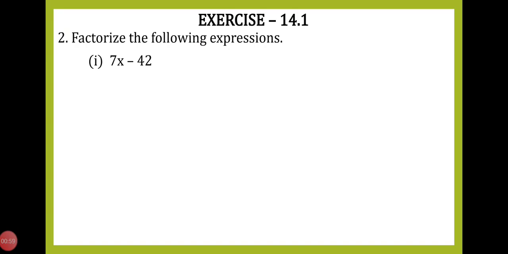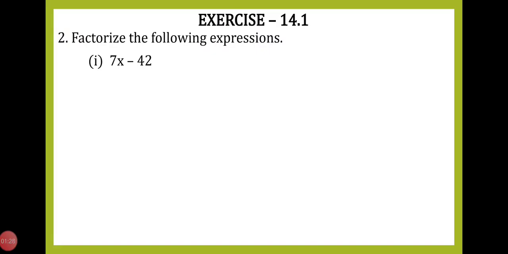Here you can see that the expression is given with two terms, and whenever an expression has two or more terms, we first apply the method of common factors. That means first we see whether we can take out something common or not. Then we move to another method. So here we apply the common factor method.